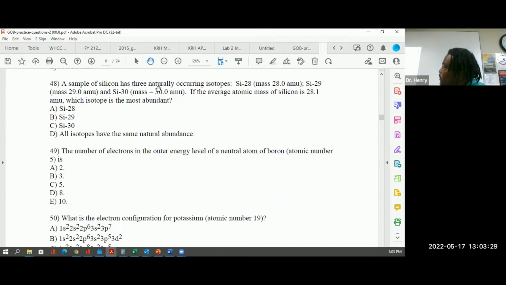The sample of silicon has 3 naturally occurring isotopes: Si28, which has a mass of 28, Si29, which has a mass of 29, and Si30, which has a mass of 30 AMU. The average atomic mass of silicon is 28.1 AMU. Which isotope is most abundant? A, Si28, B, Si29, C, Si30.